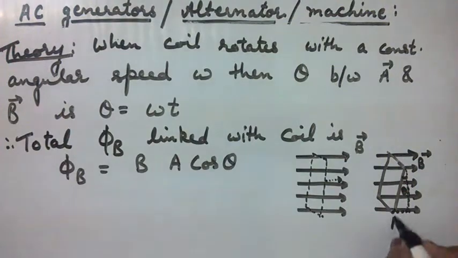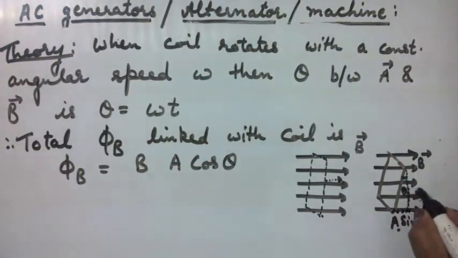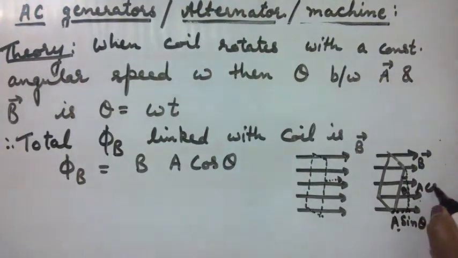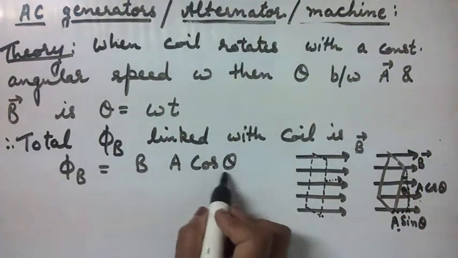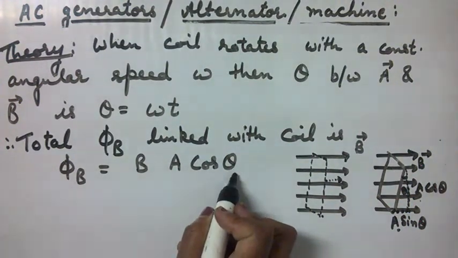That is, theta के सामने component, which is the perpendicular component, A sin theta, and theta के adjacent component is A cos theta, and A cos theta is perpendicular to this magnetic field. So here we are taking A cos theta as the area of the loop.